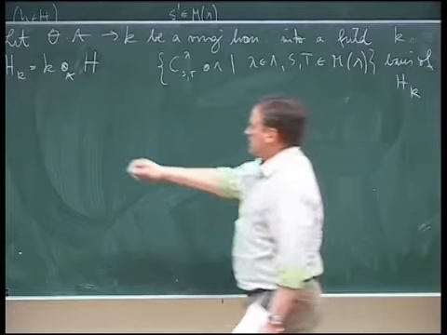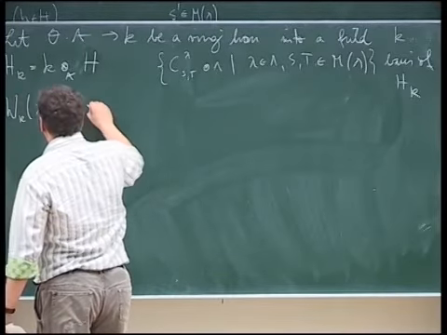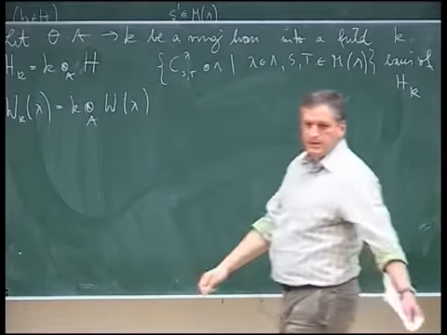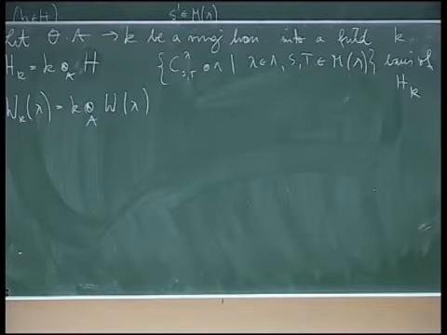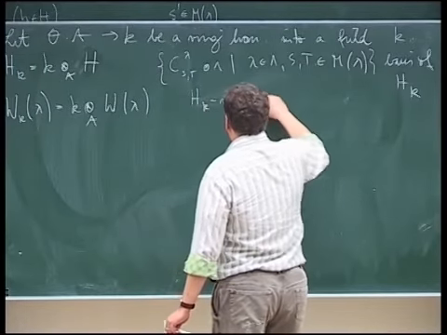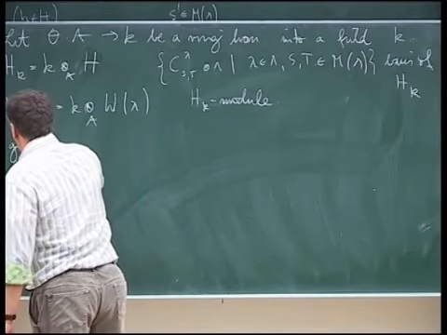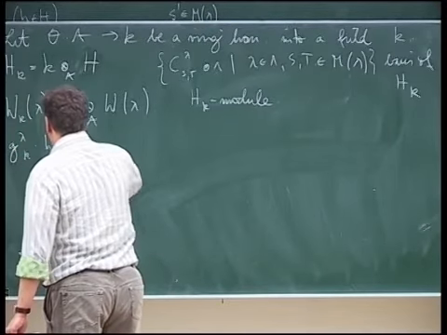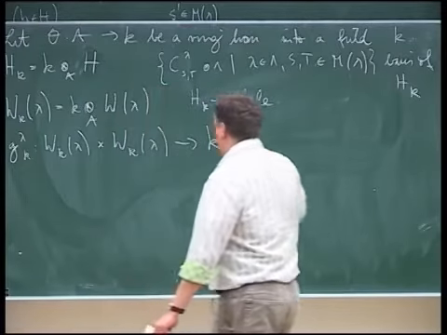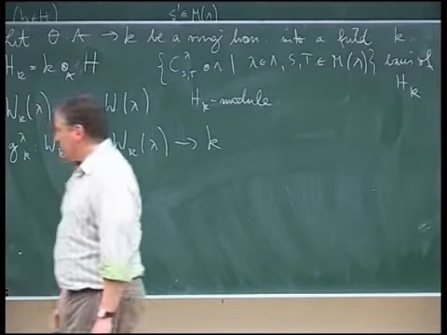Also, we have now these representations for H K. And we have a bilinear form on these modules here, which satisfies this invariance property.